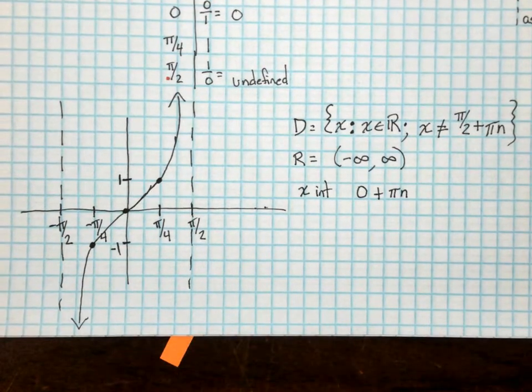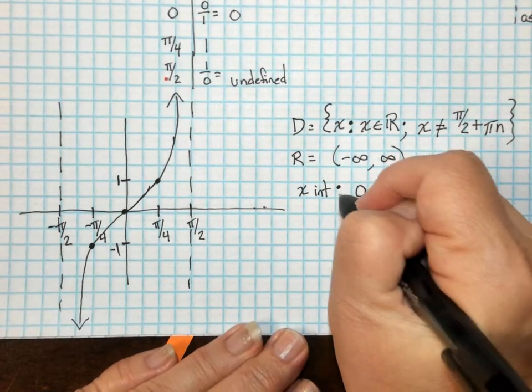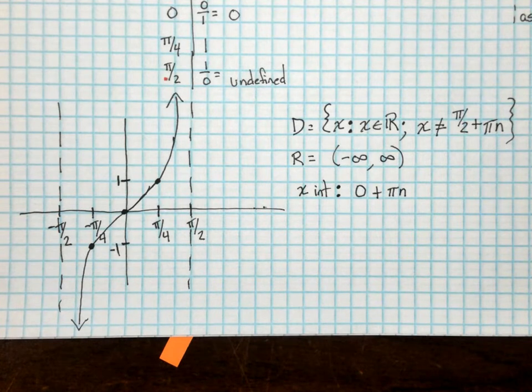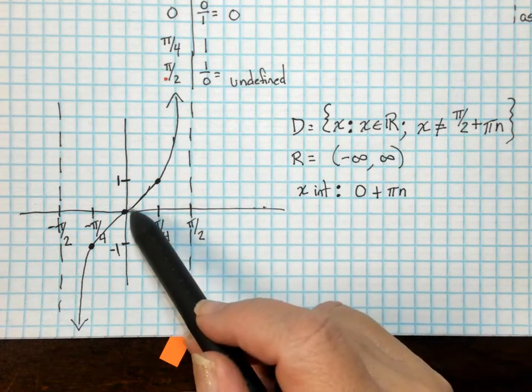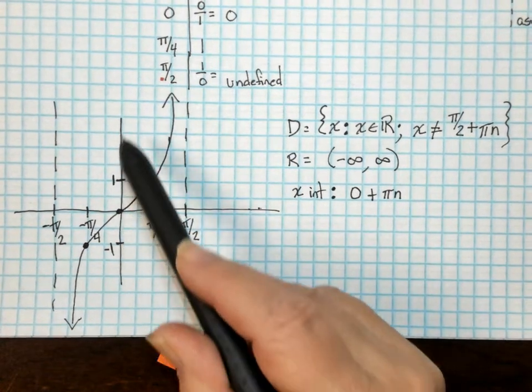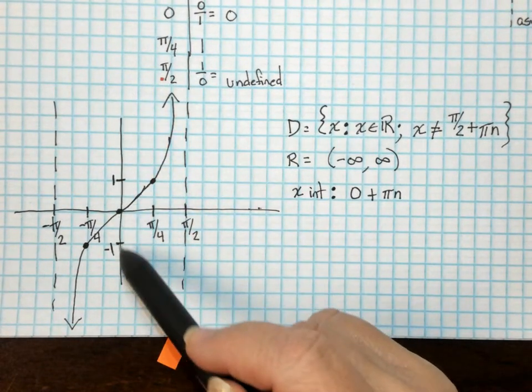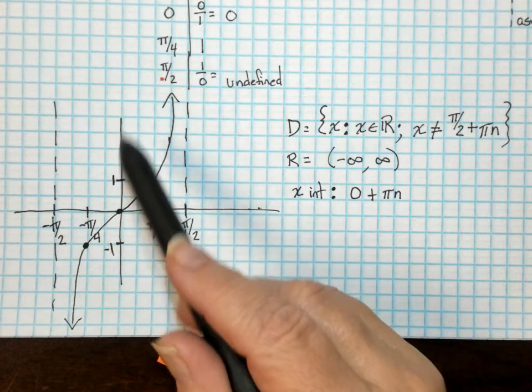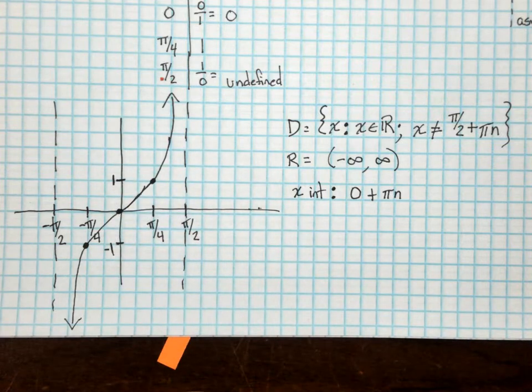We've got lots of x-intercepts, an infinite amount of x-intercepts, actually. And the y-intercept, well, there's only going to be one y-intercept, because you're only going to cross the y-axis one time. Really, in trig functions, we don't care too much about the y-intercept. But it would be at 0, 0.